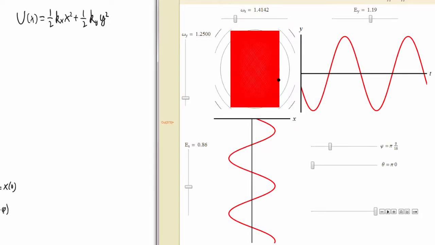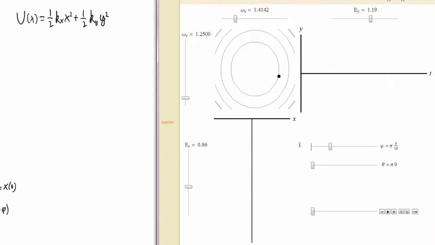The potential that we were working with was U(x, y) equals 1/2 k_x x squared plus 1/2 k_y y squared. Okay, so that's the potential. If you look here, it's shown by these equipotential lines. I'll take this away so you can see it more clearly.